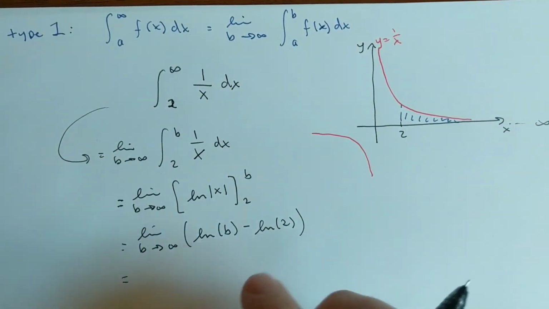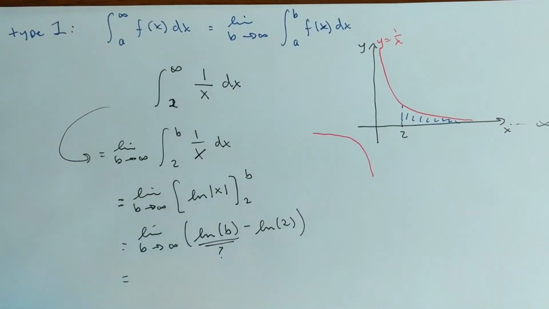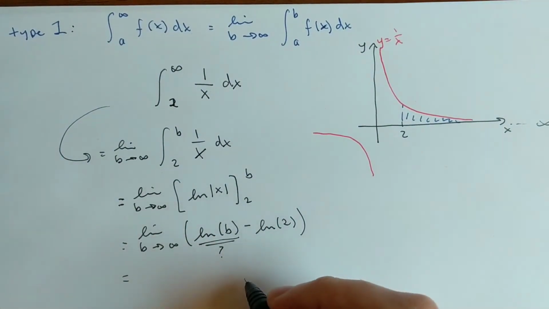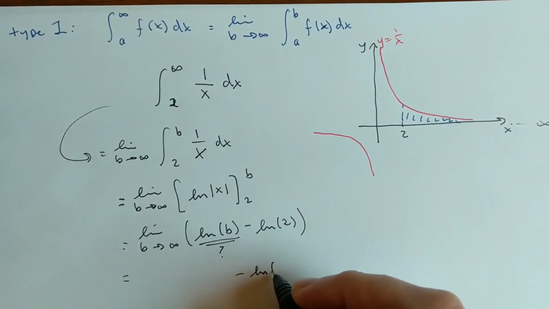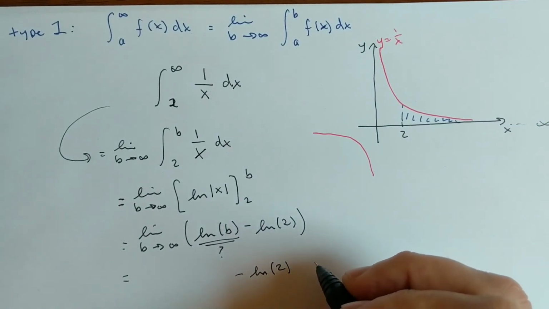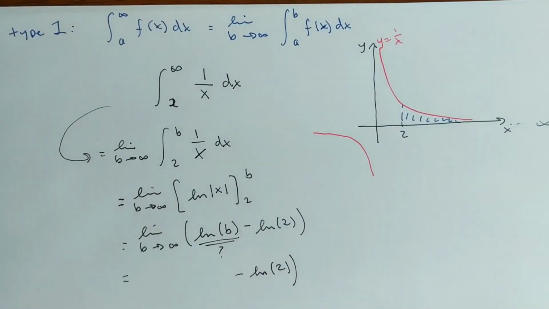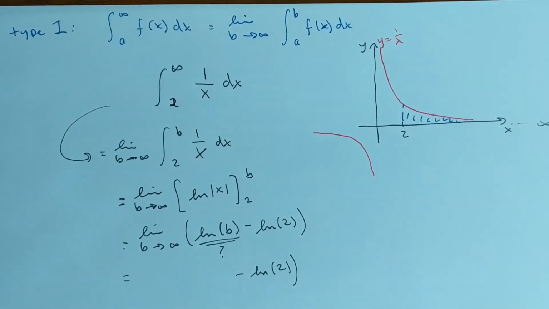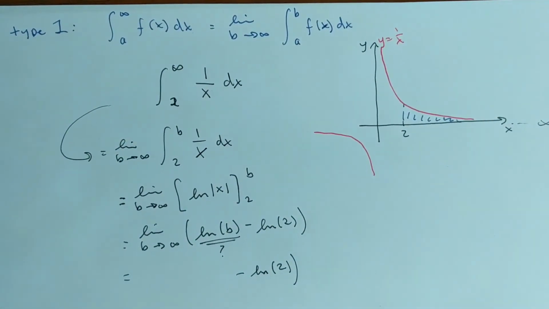So the question becomes, what happens here? The natural log of 2 is a constant value. It's an irrational number, we don't know exactly what it is, but it's not changing. But what happens to the natural log of b as b goes to infinity? The answer is it goes to infinity. The natural log is an increasing function everywhere. It's one of the slowest increasing functions, so it increases very slowly, but it does increase forever.